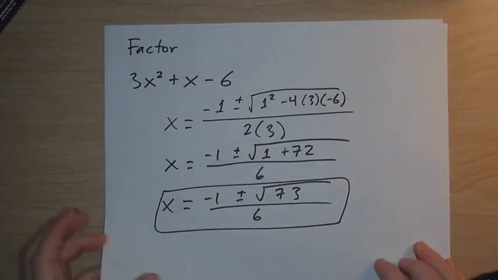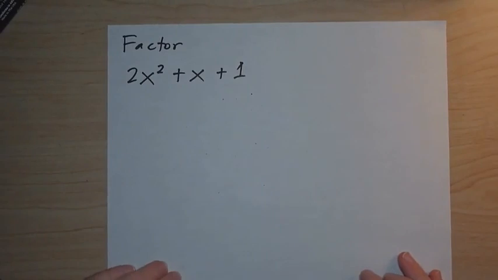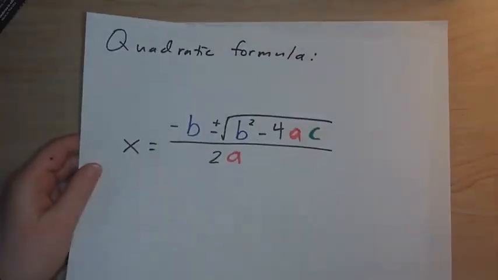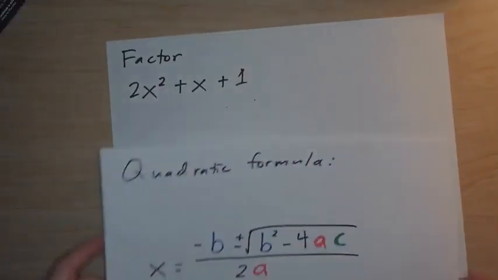So moving on to another example. We have 2x squared plus x plus 1. We're going to use the quadratic formula once again.